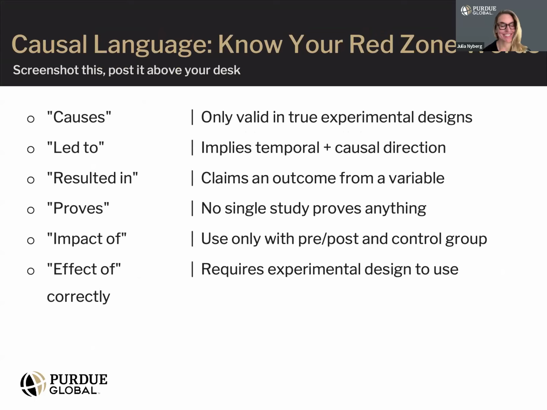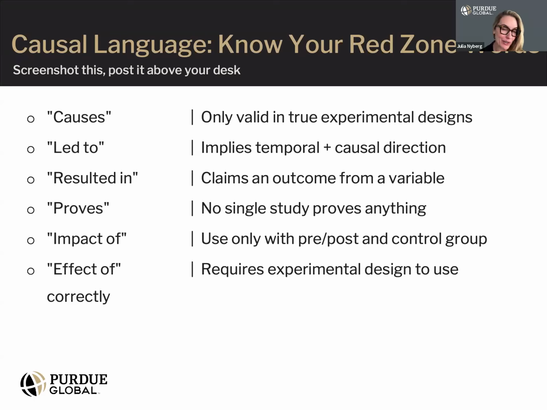Dun, dun, dun. If I were a student in this program, this is another thing I would take a screenshot of. Post it above your desk. Share it with your colleagues in this program. These six phrases are your red zone words.